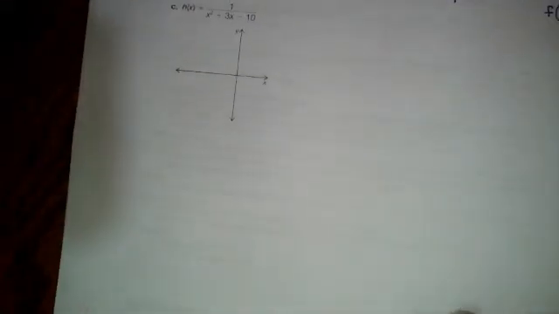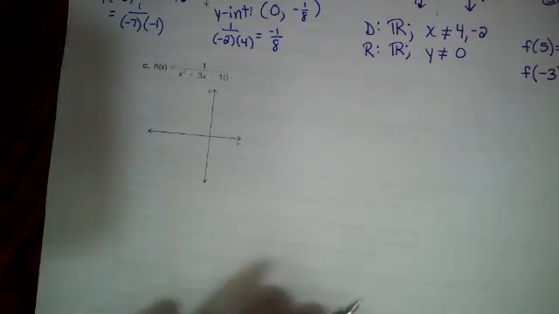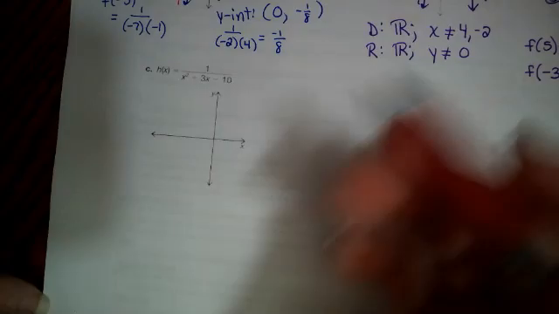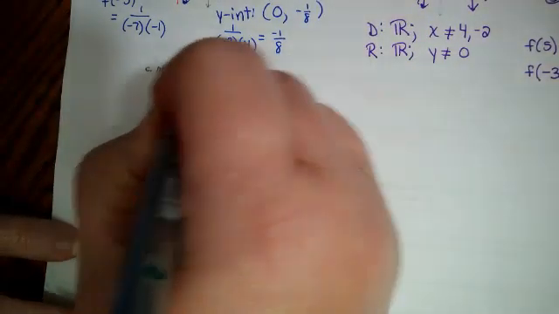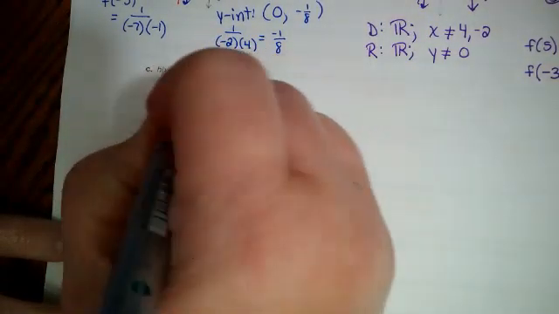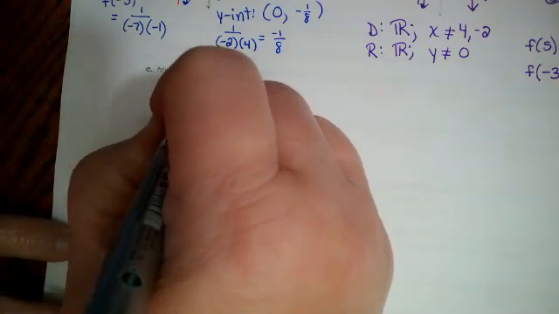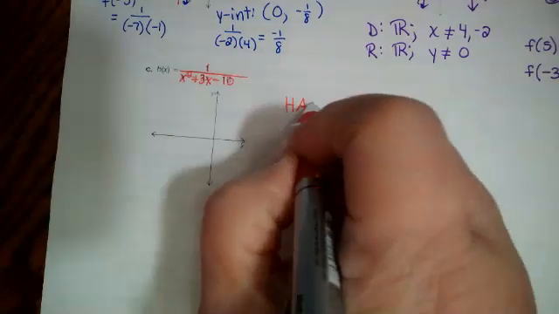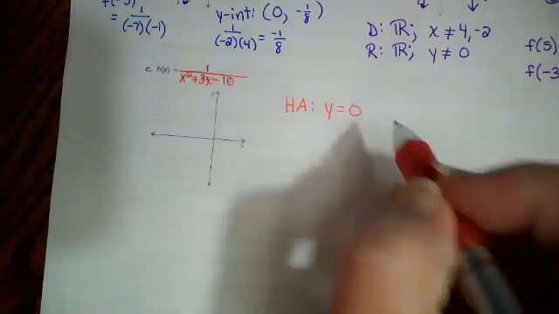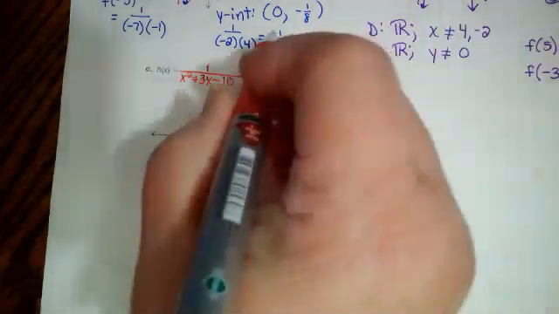All right, let's do letter C. We've still not encountered any holes, so we'll get there. So first of all, horizontal asymptote. Now this one says 1 over x squared plus 3x minus 10. So bigger on bottom, y equals 0. Now I'm going to factor.